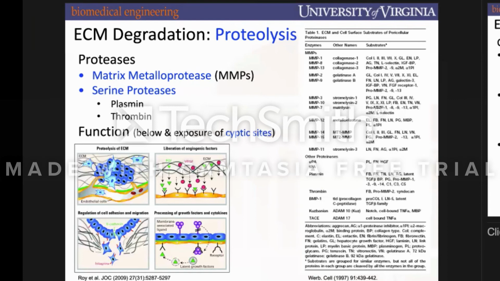And so to the table to the right, we have a list of different matrix metalloproteases with their other pseudonyms, as well as their specific substrates that they target. So for example, MMP1 is also called collagenase 1, because we have different types of collagenase, it targets different kinds of collagen.